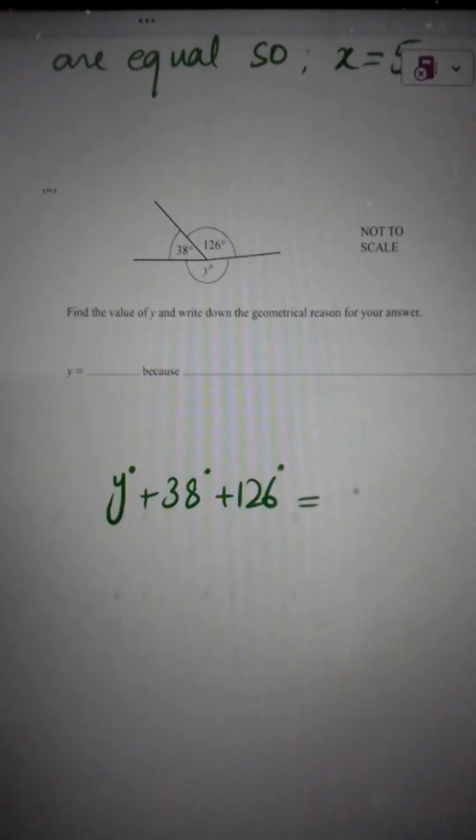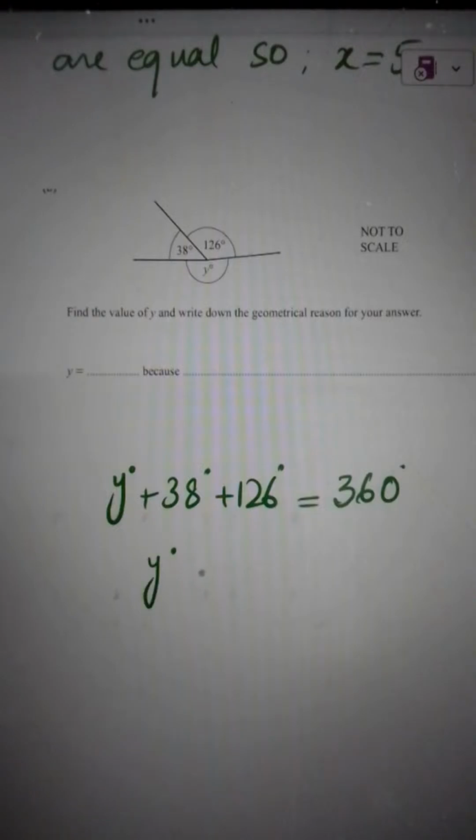For the geometrical reason, we can see that all these angles, one is 126, the other is 38, the third is y, all together they complete the circle. It means they make 360 degrees in total. When we add them, they make 360 degrees. So we can add y, 38, and 126, and we know that they complete the circle, equal to 360 degrees.